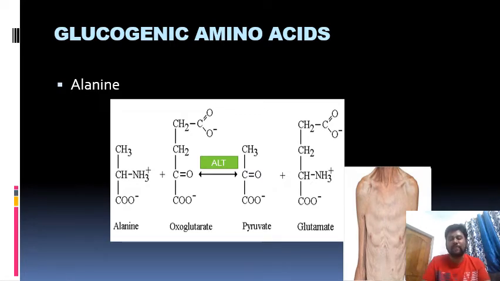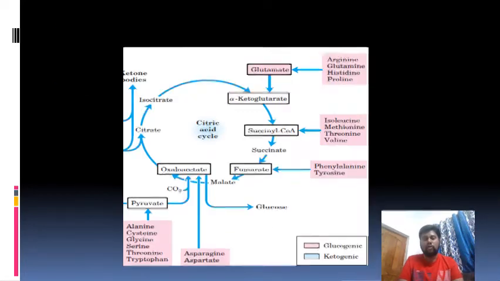Coming to the other amino acids, how they enter gluconeogenesis: a few other amino acids like cysteine, glycine, serine, threonine, and tryptophan will, by one way or another, form pyruvate, and thus enter into glycolysis. Whereas the other amino acids will form TCA cycle intermediates during their catabolism, which will ultimately be converted to oxaloacetate.